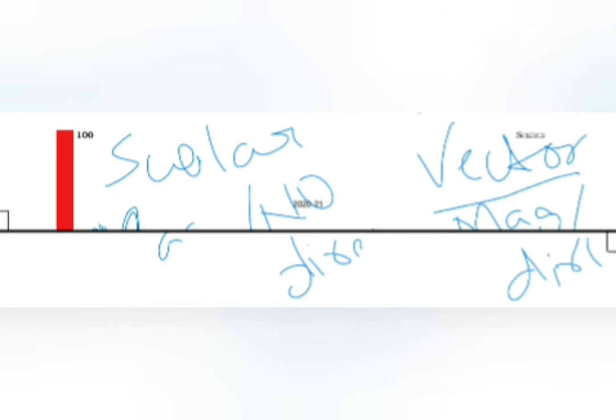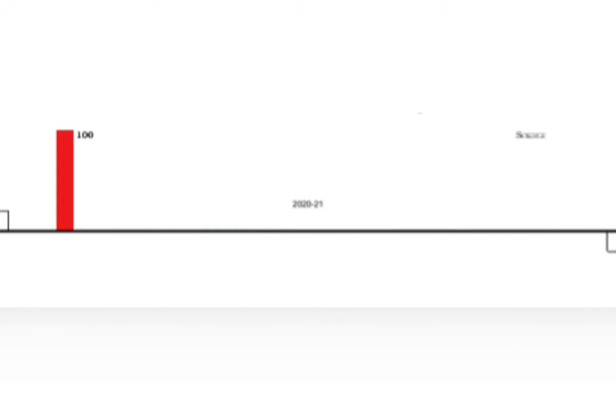Speed, velocity, distance, displacement, all these measurable quantities, we call them physical quantities. And those physical quantities which have both direction and magnitude, we call them vector quantities. And those with only magnitude, that is the numeric value, are known as scalar quantities. They don't have any direction. Vector quantities have direction. Scalar don't have direction, obviously.